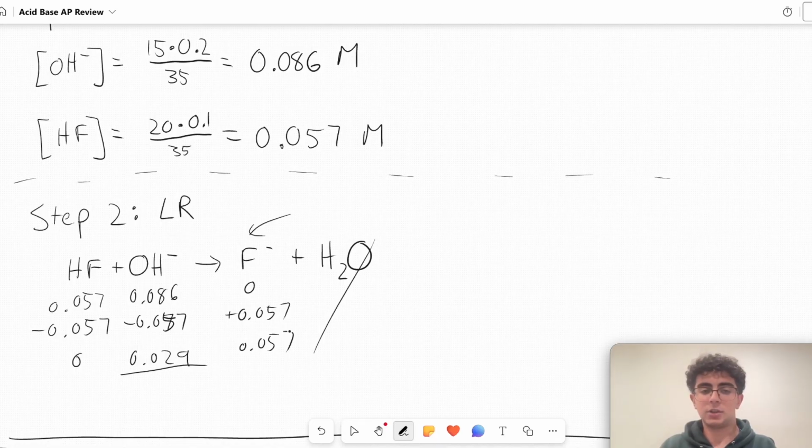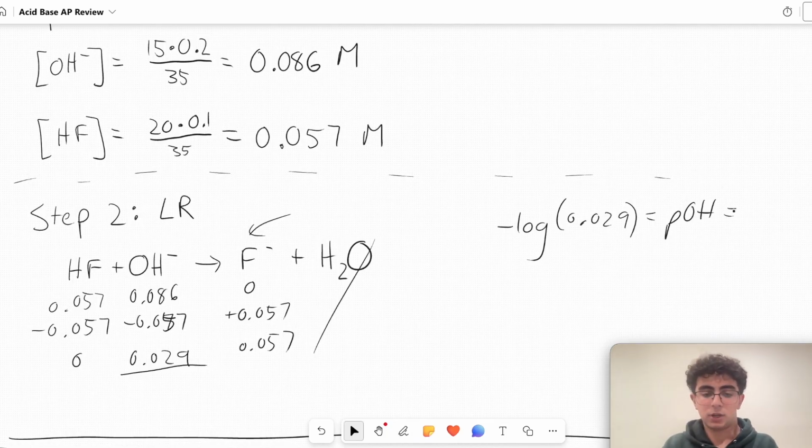We can stop right here and say this is going to be our pH determining concentration. So we can just negative log that number we have right now, 0.029, and say this is equal to the pOH, because anything else produced by the F minus, for example, is going to be insignificant.